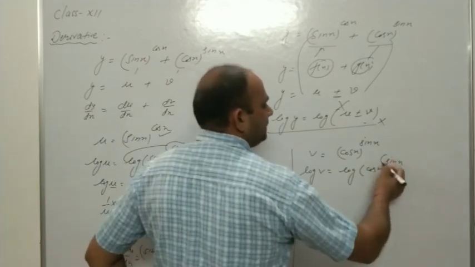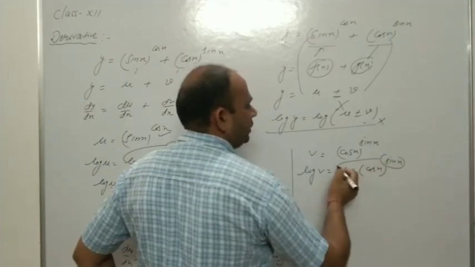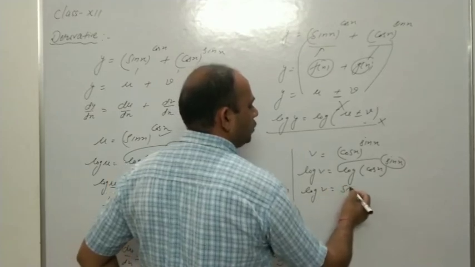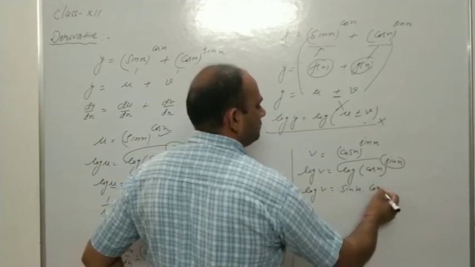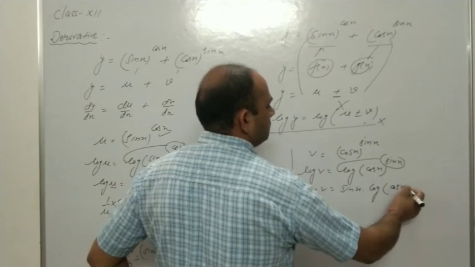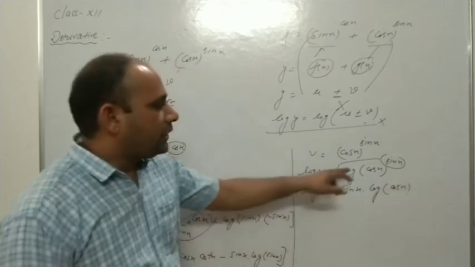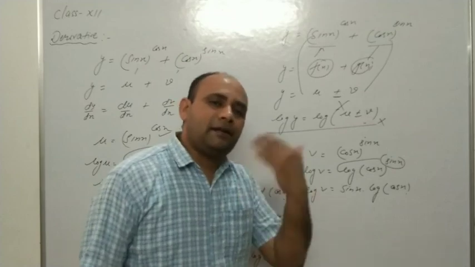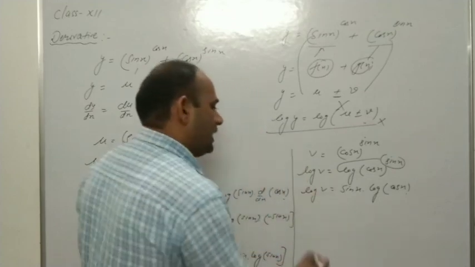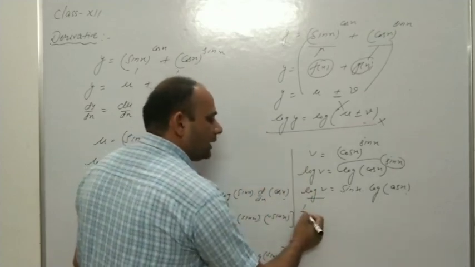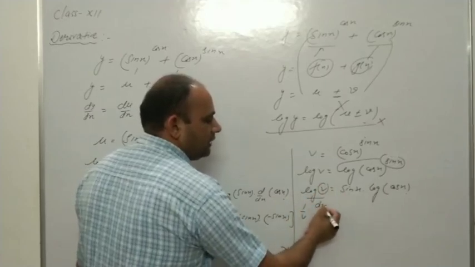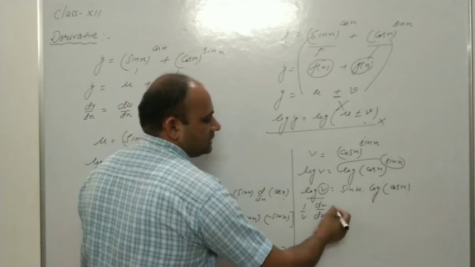Now sin x in power converts into multiply. It is property of log, not derivative. Okay, this comes from the property of log, into multiply. Now you will start the derivative. So derivative of log v is 1 upon v and derivative of v, dv upon dx.